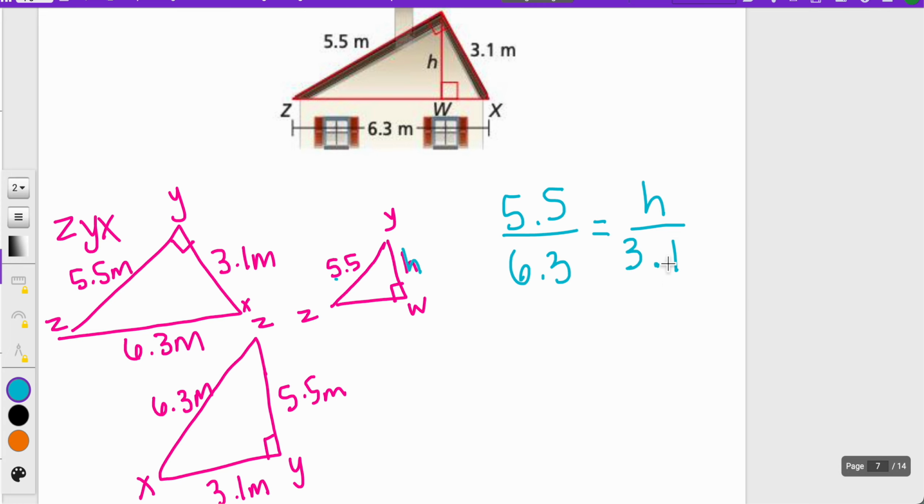Okay, so as we solve this, we're just looking at it as a similar triangle where we can set up a proportion, cross multiply, and then solve it. Okay, so we have H over 5.5. Here, let's try this one more time.